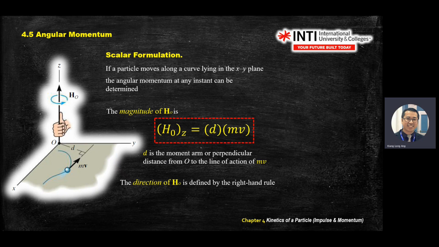To find the direction, you use the right-hand rule, curving your fingers depending on the momentum. The unit: m is kilogram, v is meter per second, d is meter. So you have kilogram meter squared over second.